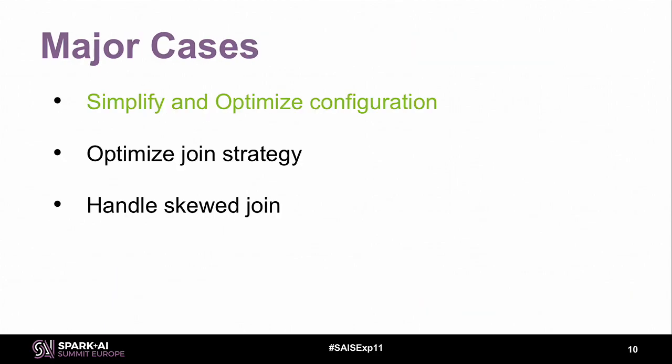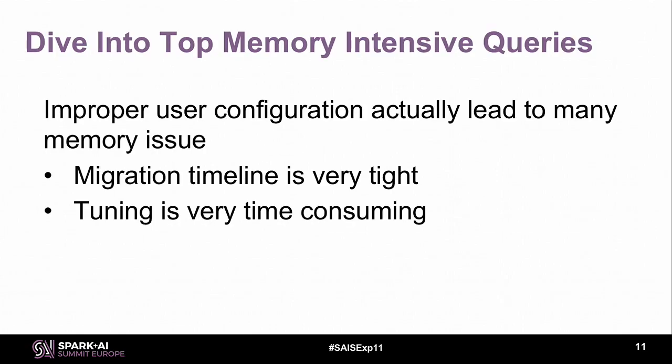We can do a lot of cool things with adaptive execution. I listed some major cases here. Let's start from the first function, simplifying and optimizing the Spark configuration. When we dove into those top memory-intensive queries, we found that improper user configuration actually leads to many memory issues.